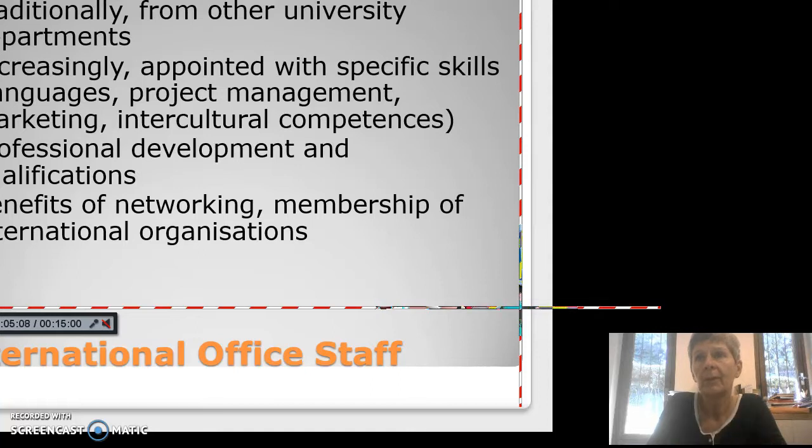We also see how people who work in international offices become involved in different membership organisations. Many of you, I'm sure, were at the EIA in Seville just the other week, and increasingly see the benefits of networking, because that is where a lot of learning can take place, beyond actually improving the internationalisation of the institution itself.